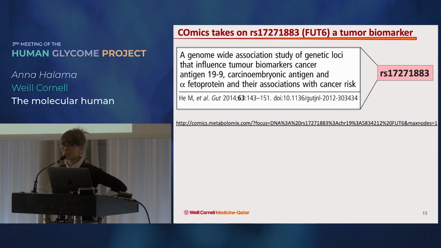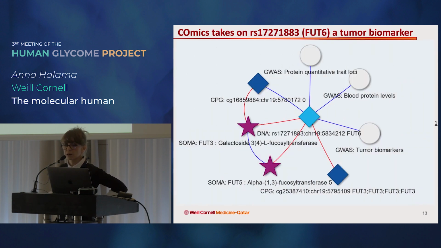So the final example I would like to point out here is, again, a genetic variant around FUT6. And FUT6 is a known biomarker, and this is, again, a network which was generated with our server. So FUT3 is associated here with 2 different methylation sites.